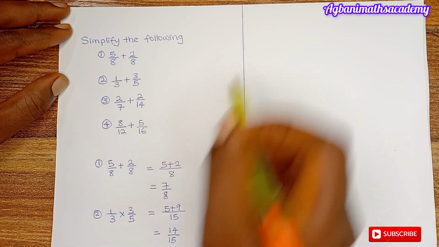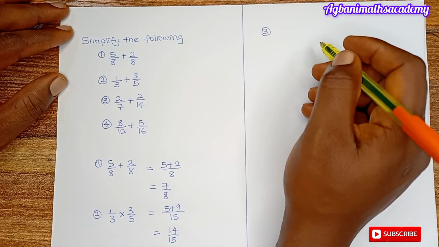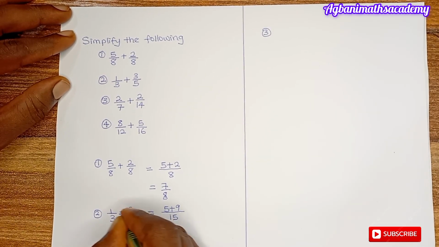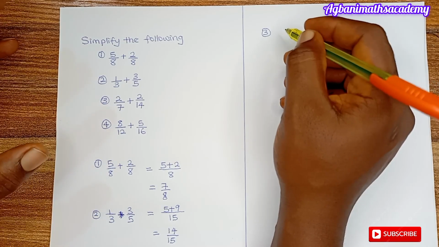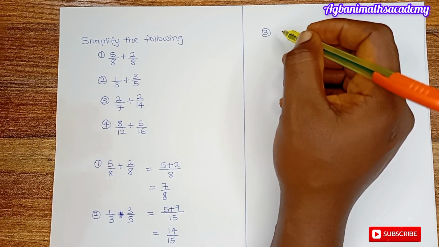In this particular one, which is the third one, the denominators are different, and also one of the denominators is a multiple of the other.